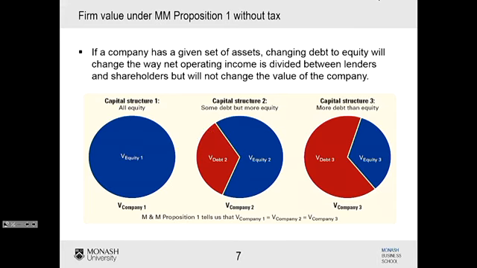How to understand that? I'll show you three pie charts here. Think about a firm whose capital structure we could change in three different forms. On your left-hand side is an all-equity financing firm, totally blue.